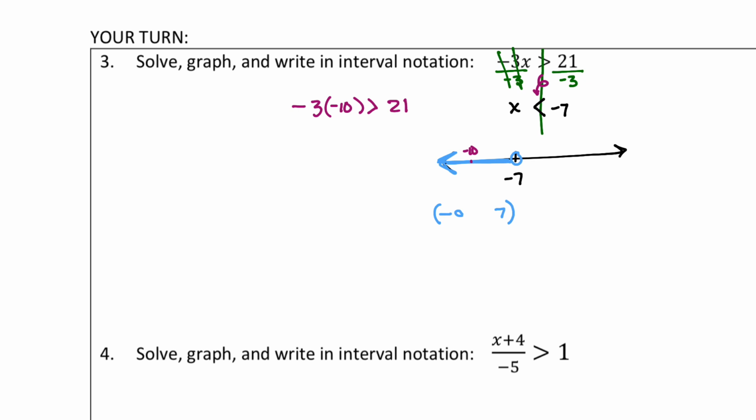There we go. So on the left we get positive 30 is greater than 21, which is true. If I were to try something on the other side, let's go over here and try 0, for example. And I'm going to put that in for x.